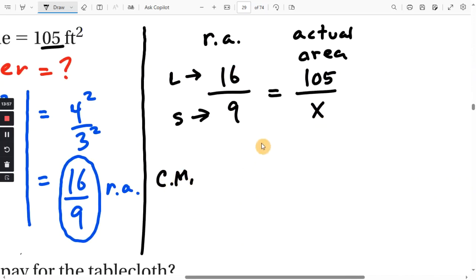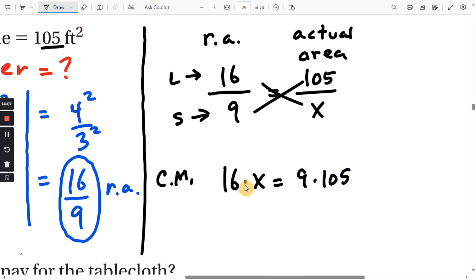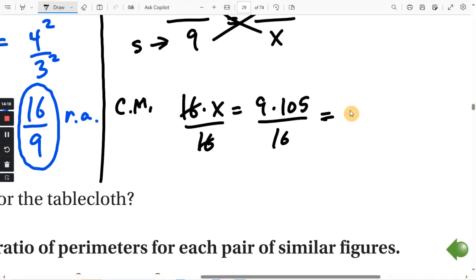All right, cross multiply. 16 times x equals 9 times 105. All right, the opposite of times 16 is divided by 16. Cancels here. And I'll do this on the calculator. To the nearest whole number, I think they said, I get 59.